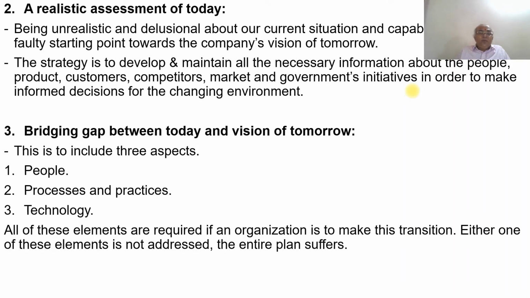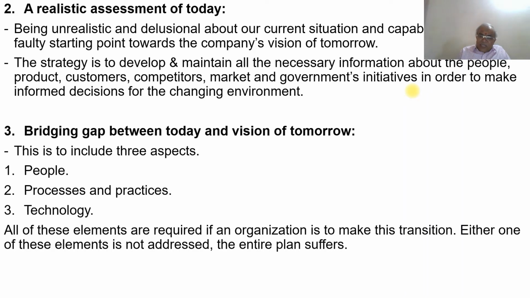So if you want a realistic assessment of today, what are all the things you should have? One is information about the people. That means the people who are working in your organization, you should have a proper track of them. And who are all your customers, who are all your competitors, and what is the current situation in the market.